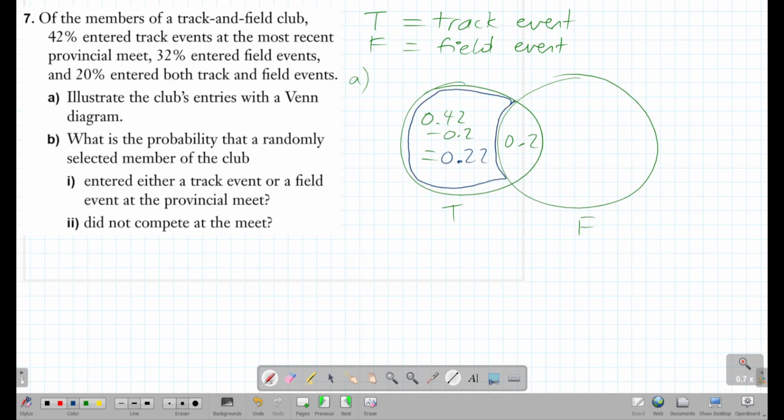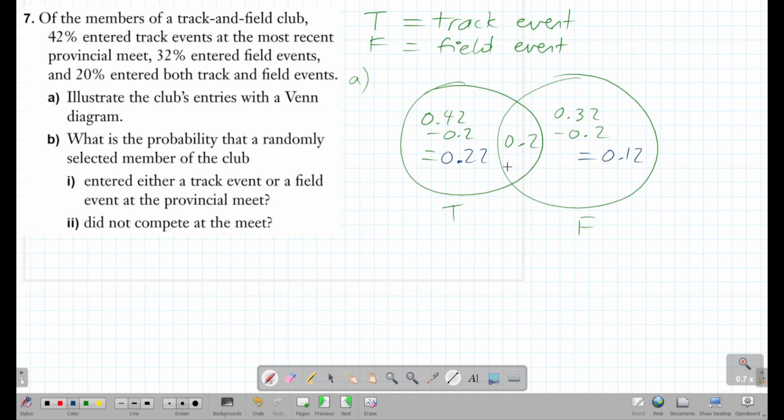It's the same story with the field event, F. To find just this section, we need to take away 20% from 32%, and that gives us 0.12.